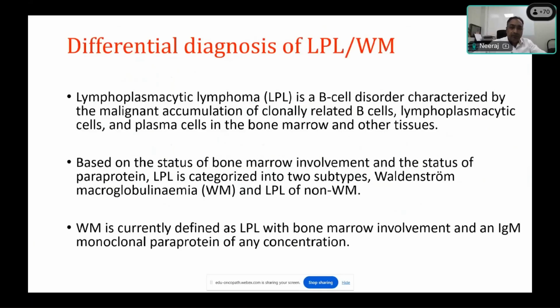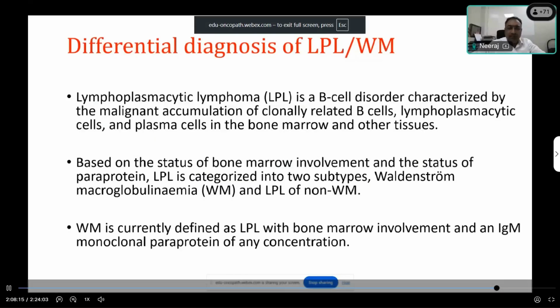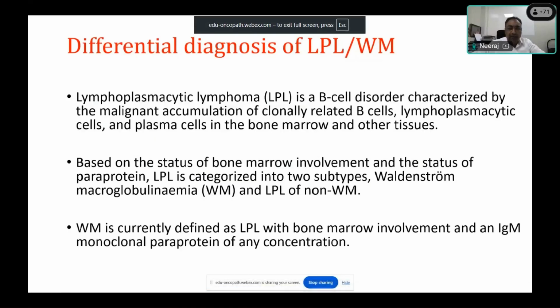So, this disorder, the Waldenström or lymphoplasmacytic lymphoma, is a B cell disorder characterized by the accumulation of B cells, lymphoplasmacytic cells and plasma cells. And there are two subtypes. One is the Waldenström macroglobulinemia, where there is an IgM paraproteinemia.